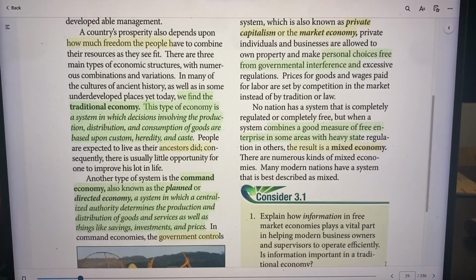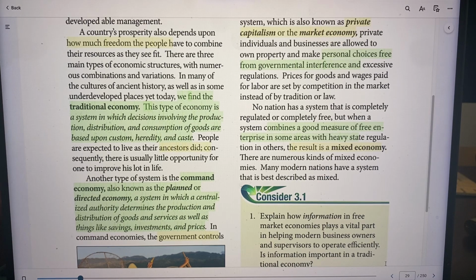So again, going over it, we have the traditional economy, where the economy depends upon custom, heredity, and caste. They do as their ancestors did. If your family was in the shoe business or whatever business, you'd still be in that business. The next is the command, which is directed by the government.